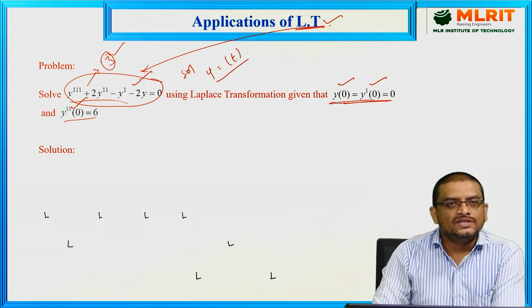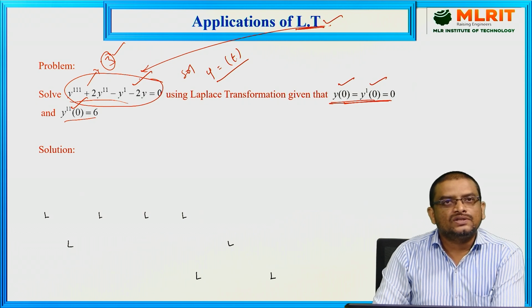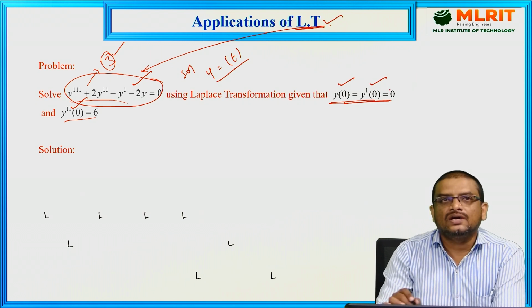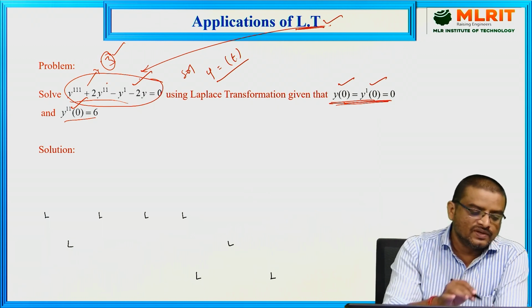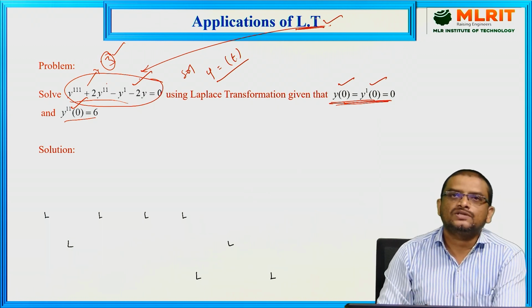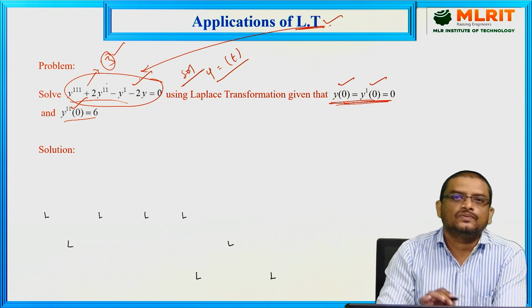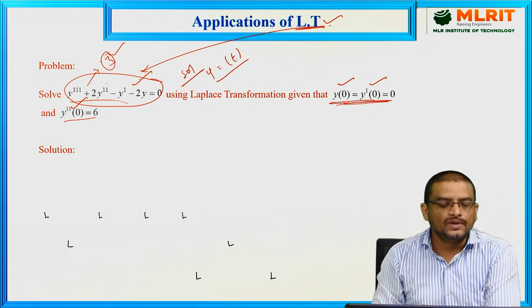Since the order is 3, we have 3 initial conditions. Now by using these initial conditions for this differential equation using the Laplace transform, we have to get the solution. That is the meaning of this problem.